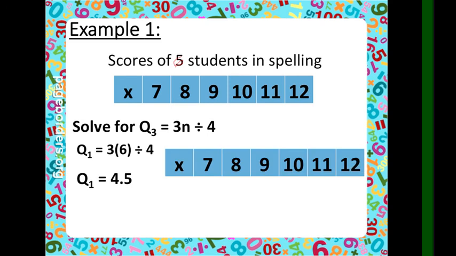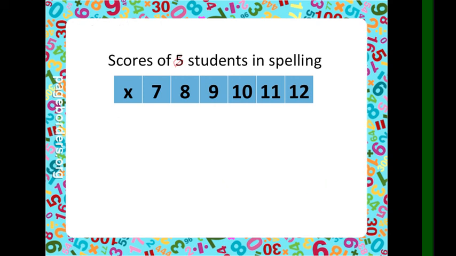So using the same range of scores, we have 4.5. We will count 1, 2, 3, 4. And 4.5 is in the middle. So that is 10.5. So quartile 3 is equal to 10.5.